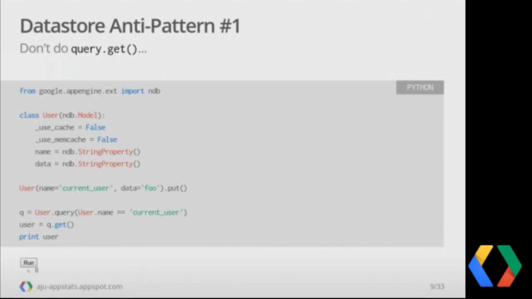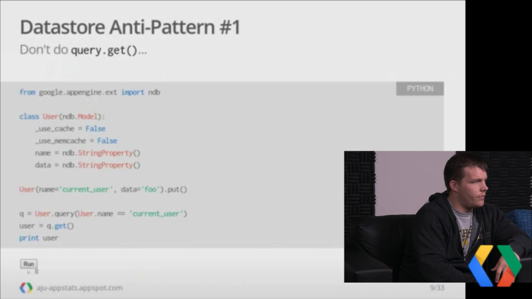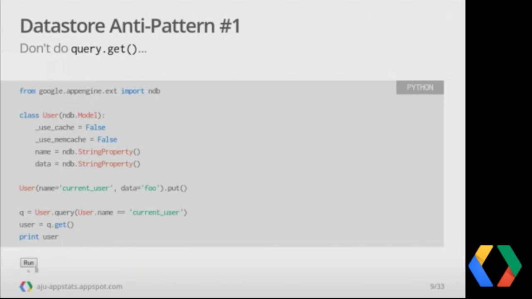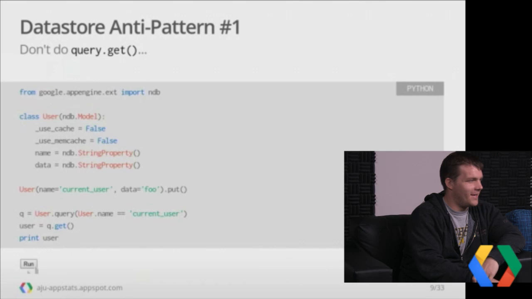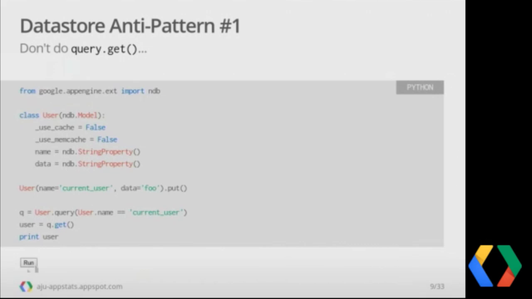If you're a Python user, I would really recommend checking out NDB, which is the newer of the data store APIs supported. It has a lot of nice characteristics that the other one doesn't, including asynchronous puts, transparent cache management, really nice transaction management, all sorts of stuff. So I'd really recommend that you try it out if you haven't already.